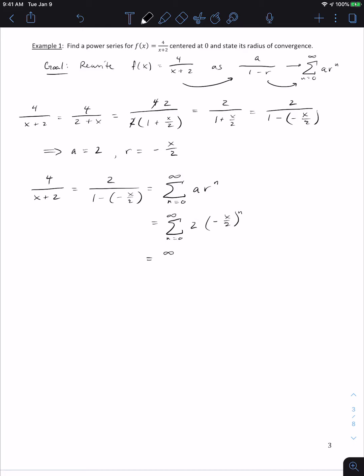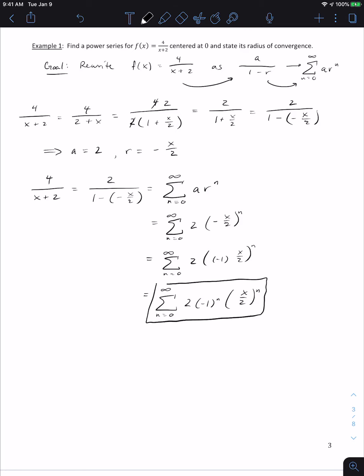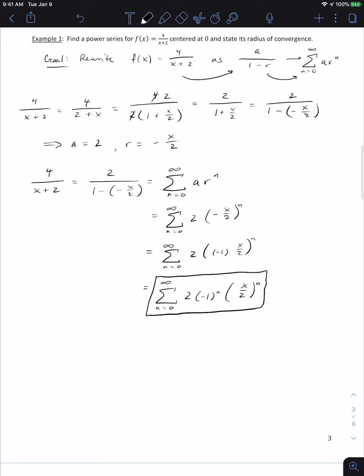And now, rewriting this, minus x over 2 is the same as negative 1 times x over 2, all to the n. And now rules of exponents say I can distribute that n to both terms. So I rewrite this as the sum from n equals 0 of 2 times negative 1 to the n times x over 2 to the n. So that is my geometric series for this function f of x equals 4 over x plus 2.